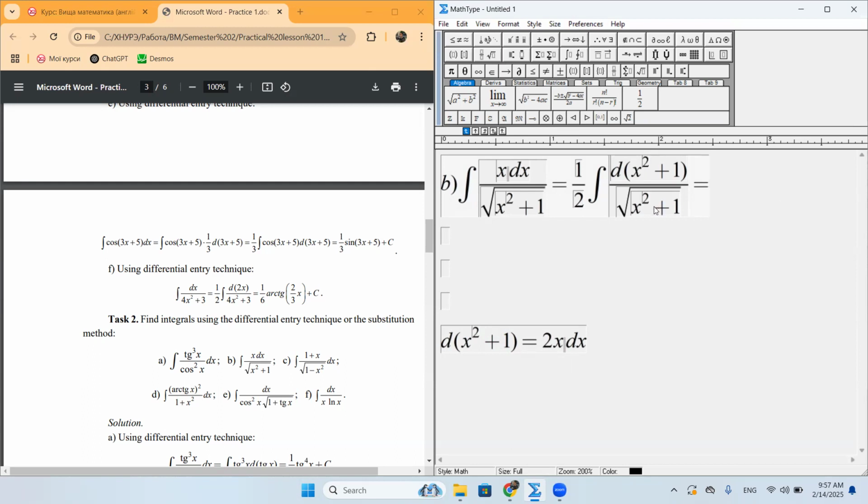So now we have again the power function, and the antiderivative of such a function, 1 over square root, is 2 square roots.